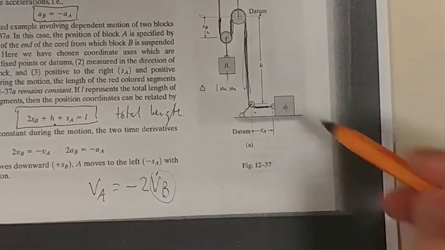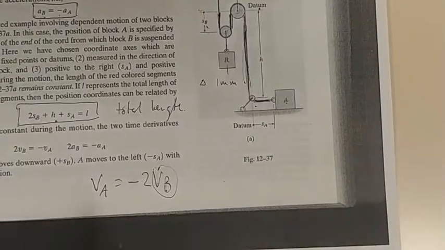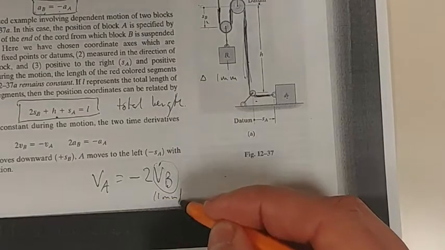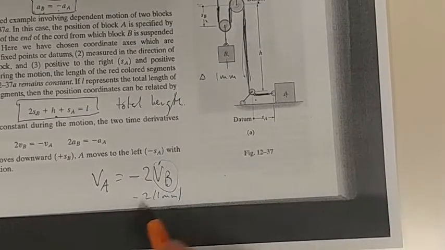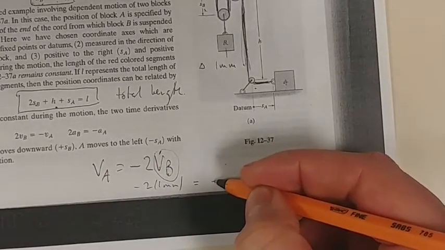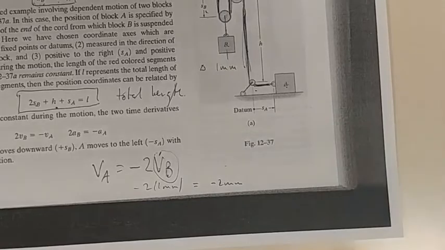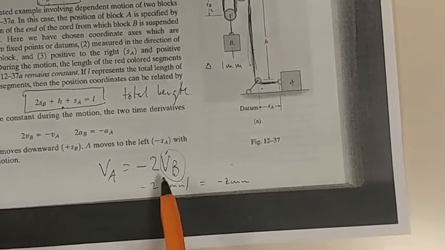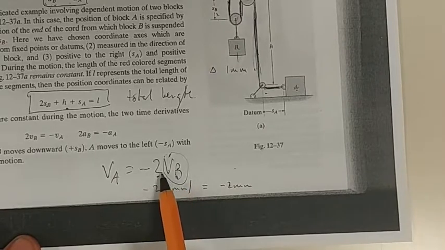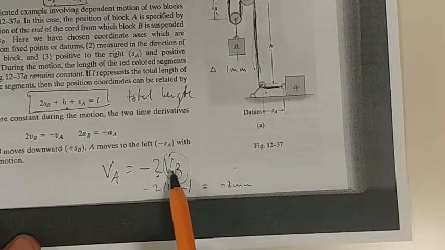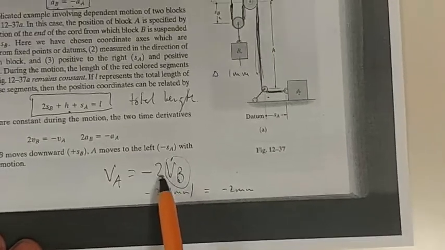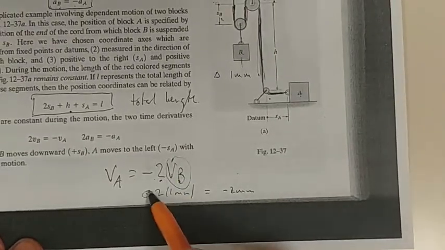What's going to happen to block A? If I put 1 millimeter in here, with the minus 2, block A will move minus 2 millimeters. So VA will always be twice VB, twice the velocity, twice the change in length, position, twice the acceleration, okay? And it'll be in its negative direction.